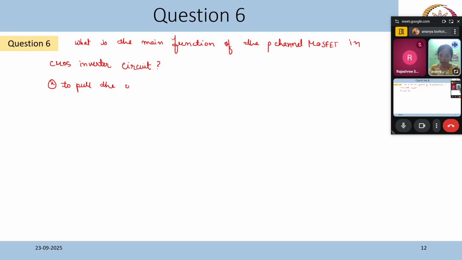Option A: to pull the output to ground when the input is high.